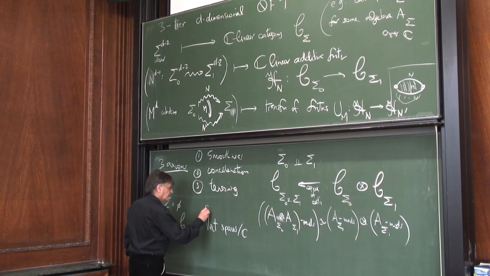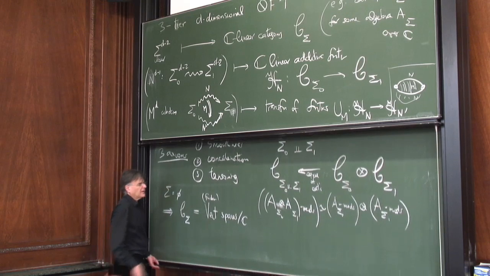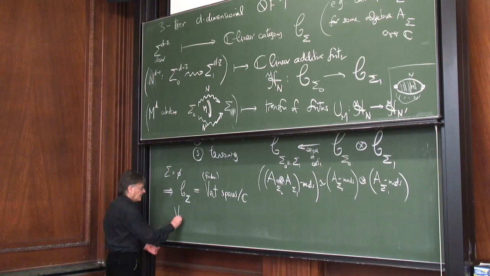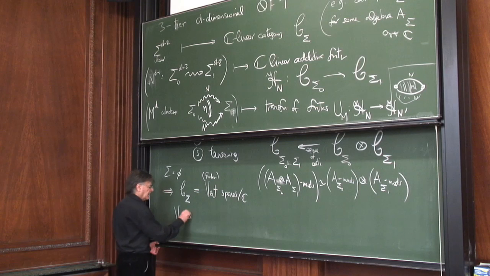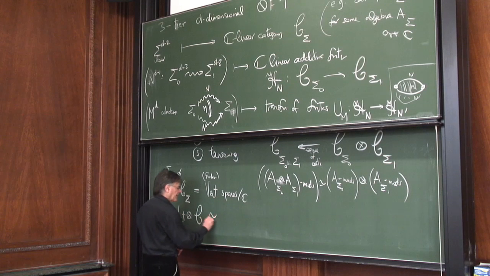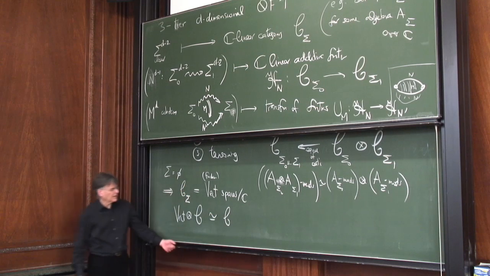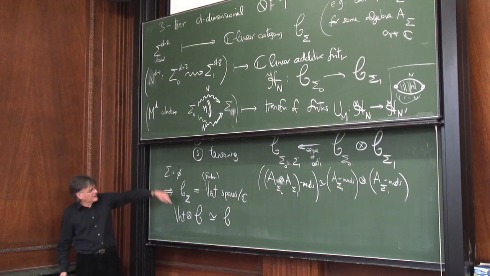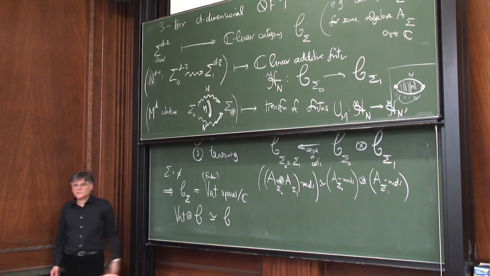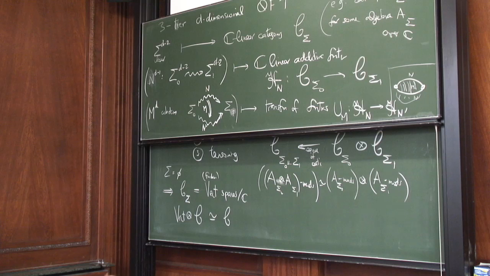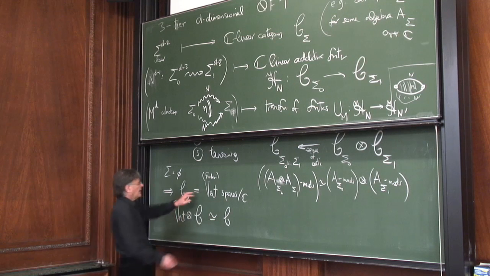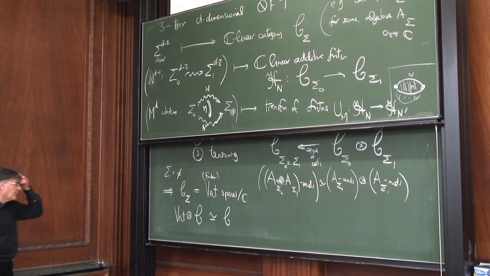Because it has to be a category which for any other category C has the property that this is somehow equivalent to C. But if you have any complex linear category, you can always tensor its objects with finite dimensional vector spaces. So you always have this relation, and that is the only category with that property.